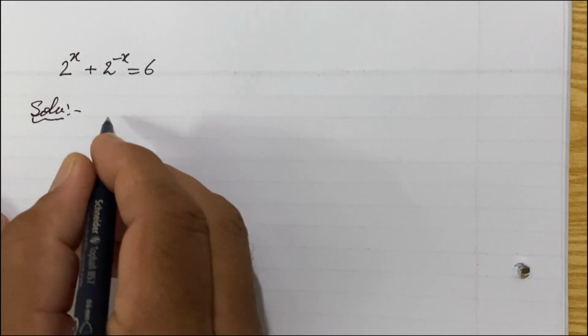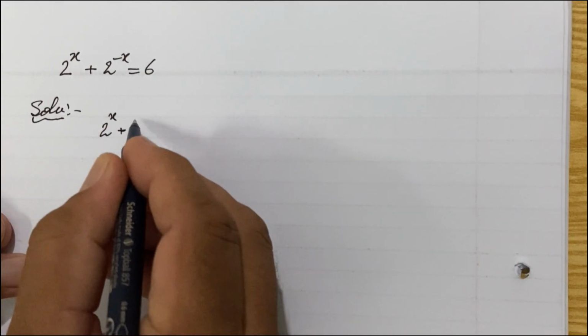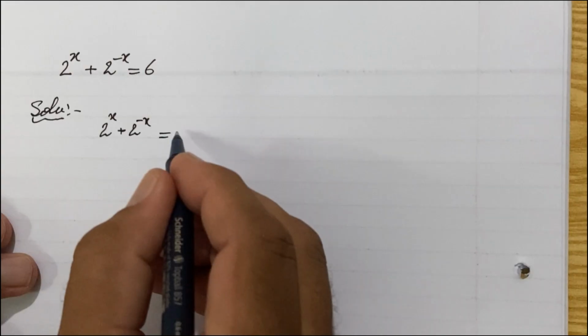2 raised to the power x plus 2 raised to the power minus x is equal to 6.